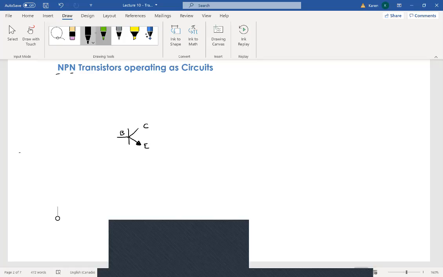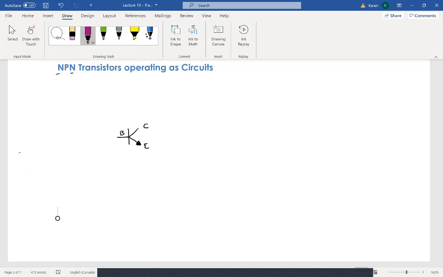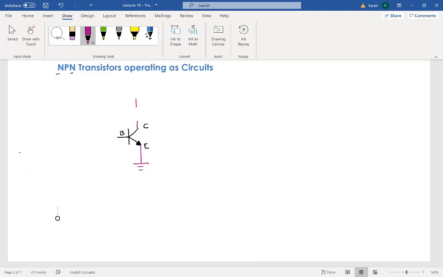Now I will draw the rest of a useful circuit around this transistor. I'm going to take the emitter and connect that to ground. I'm going to connect the collector to positive 5 volts. I'm going to have a resistive element, just a resistor, to make sure that it is protected.